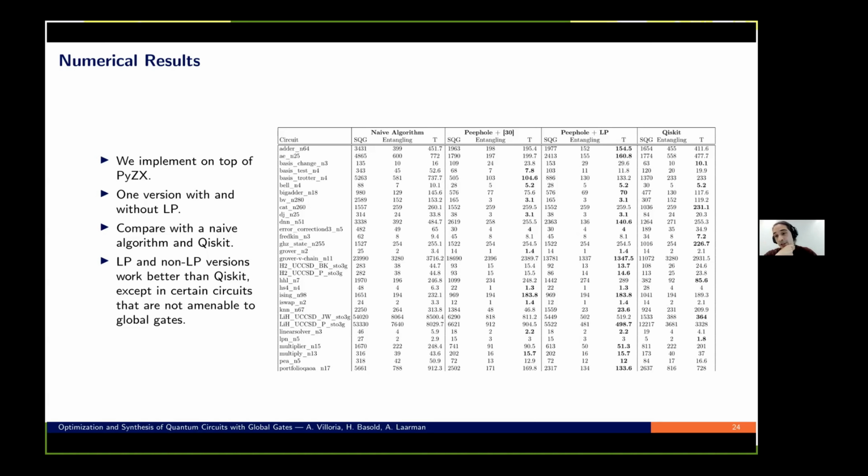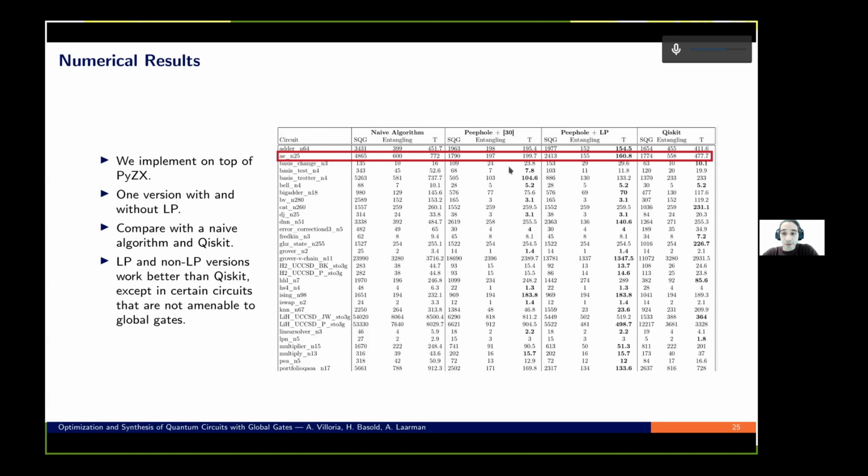We also compare against Qiskit in this case. We can see, for example, that amplitude estimation is a good example of what we see in most of the circuits, in which the best result would be the linear program, because it can always find the optimal solution on each frontier.